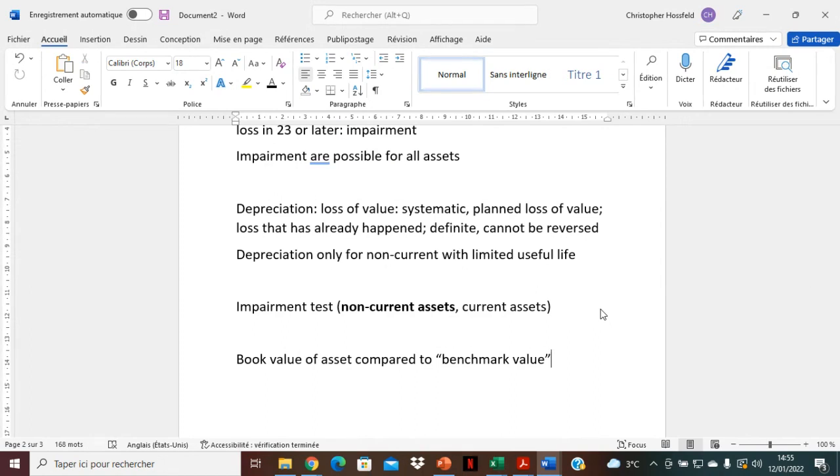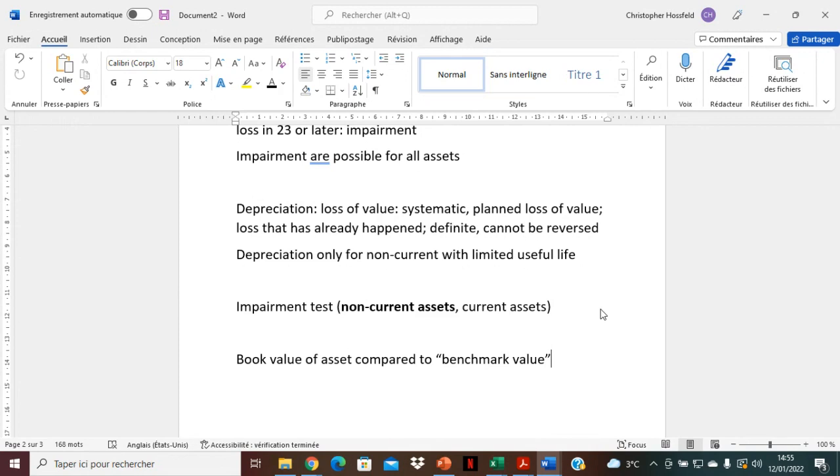So for example, for accounts receivable, I would compare the book value of the accounts receivable, in other words, the amount that the client owes me because of our contract. And the benchmark value would be the expected amount that the client will pay. So here, book value compared to expected payment of the client. If I check my inventory for impairment, I would compare the book value of my inventory to the net realizable value.